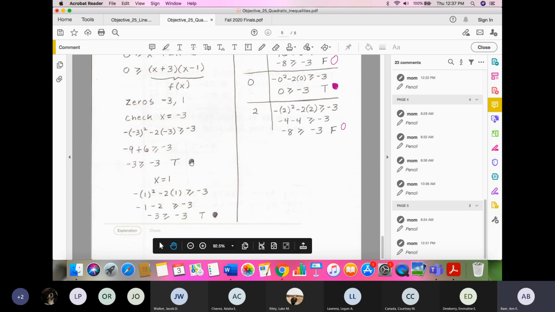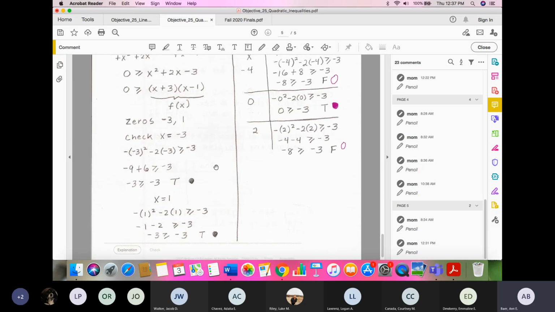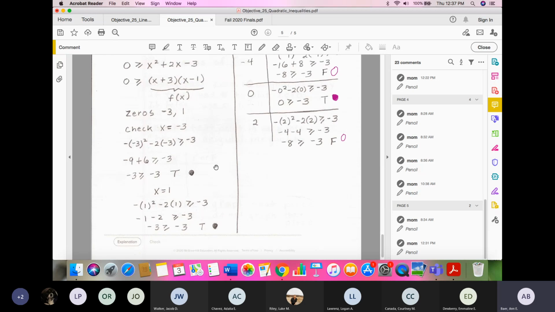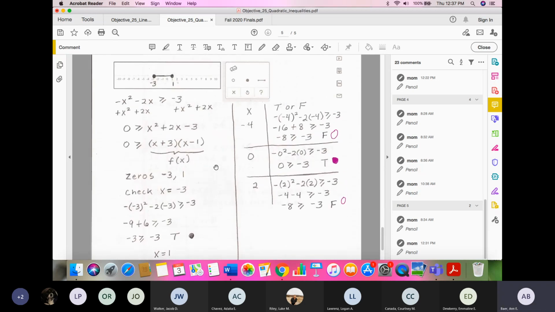So we're going to use the colored-in dot here to plot both of our zeros that we found, which were negative 3 and 1. So I'm going to take the dot and put it at our first zero, negative 3, right there.